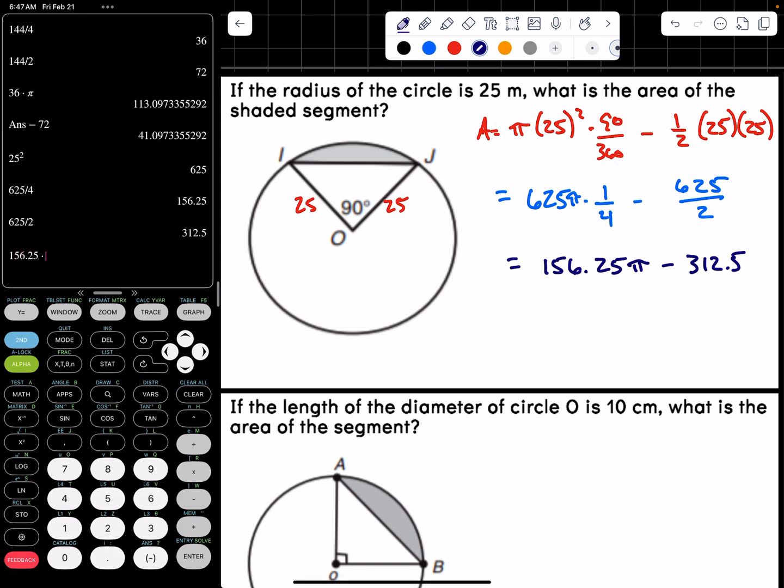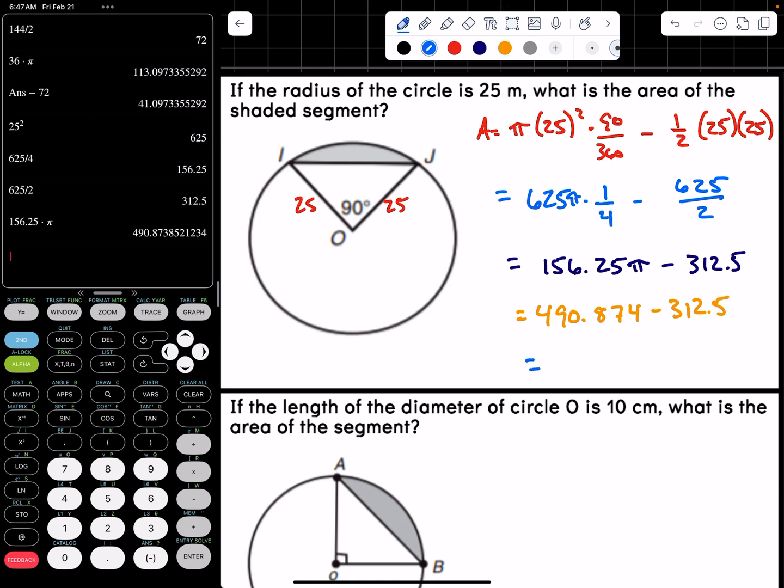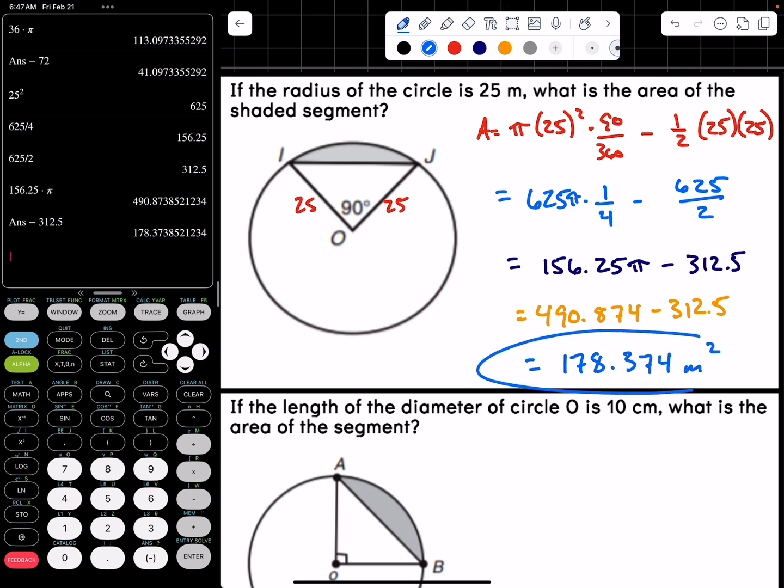Then 156.25 times pi is 490.874 minus 312.5, which will give us, when we subtract, 178.374, and that would be meters squared.